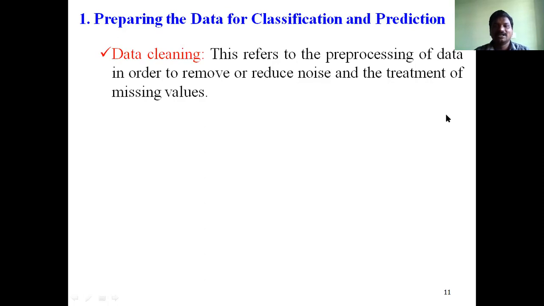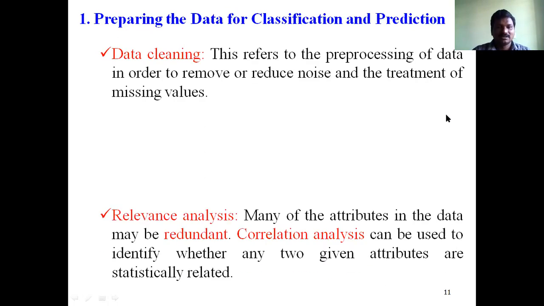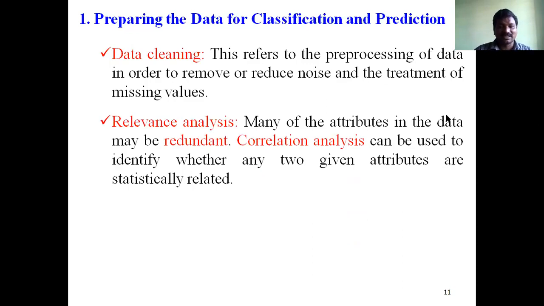That is called the data cleaning process. It refers to pre-processing the data in order to remove or reduce noise and treat missing values. In this way we prepare the data. First, you have to remove the noise from the data, and then relevance analysis.